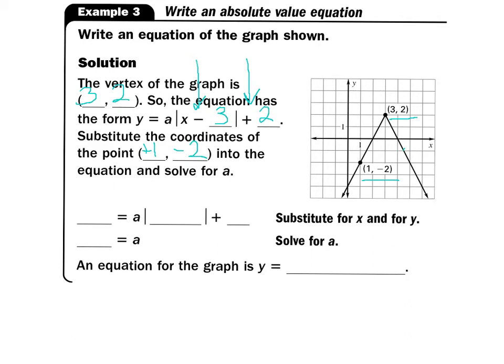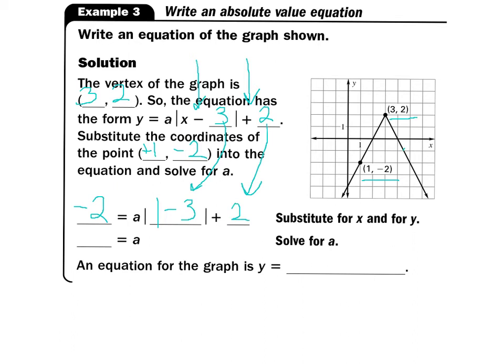And then I'm going to go ahead and solve that for a. So y, what's my y? Would be the negative 2 equals a times x, which is 1. And I'm going to stick this minus 3 right here, and stick this plus 2 right here.